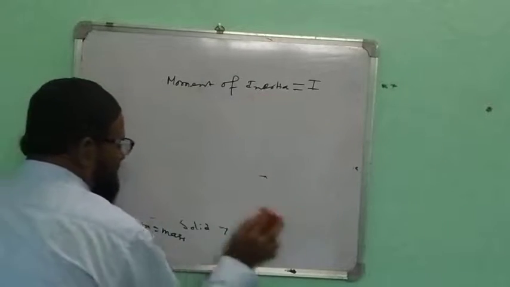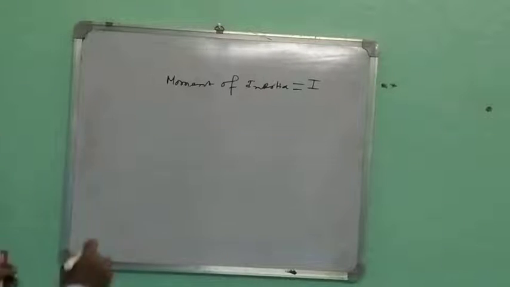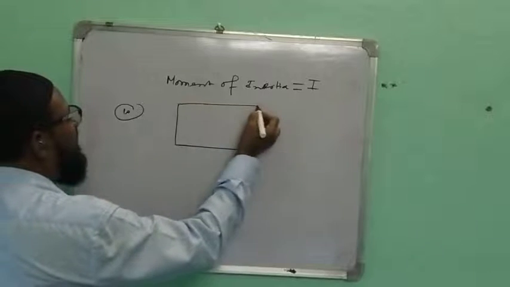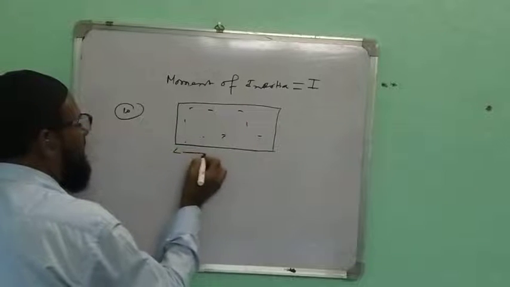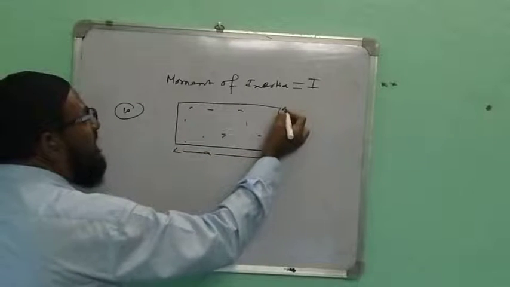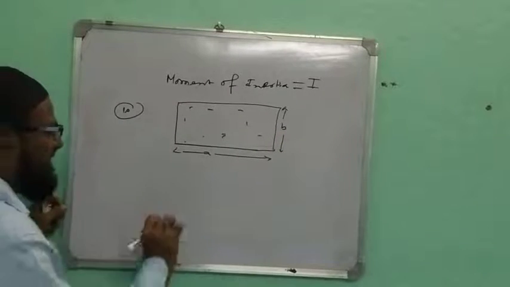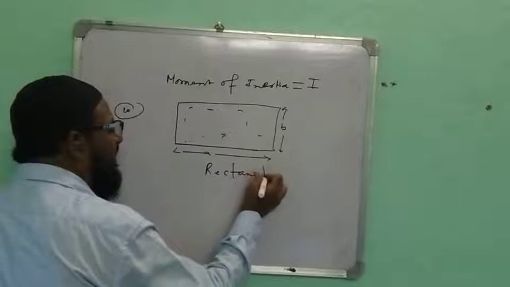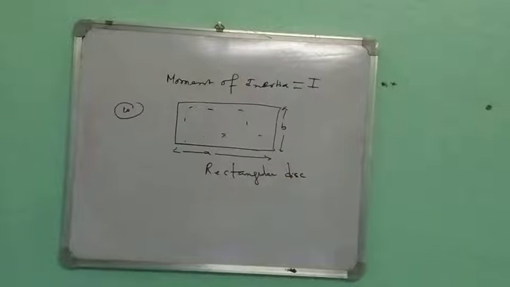Okay, now this is figure 10. Here to here, this is A. Here to here, this is B. This is a rectangular disc.